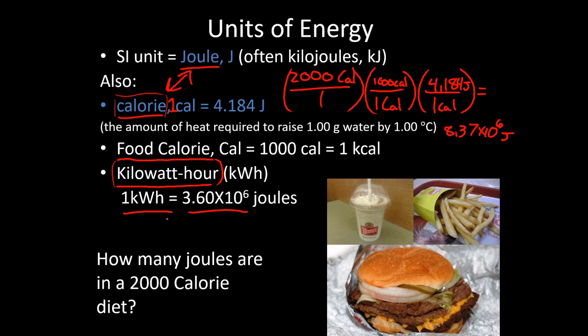It's the same unit that you use to measure how much electricity it takes to run your house. You can use that same unit to talk about how much energy it takes to run you. Because, I mean, if you think about it, you really are just a very, very complex biological machine, at least scientifically speaking. We're not going to get philosophical here.